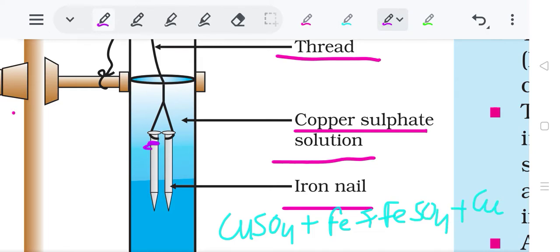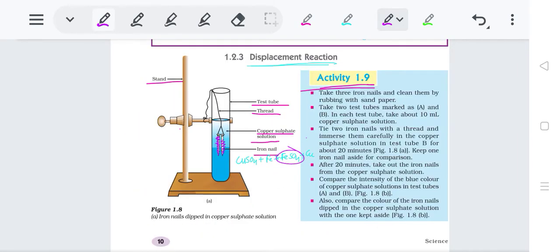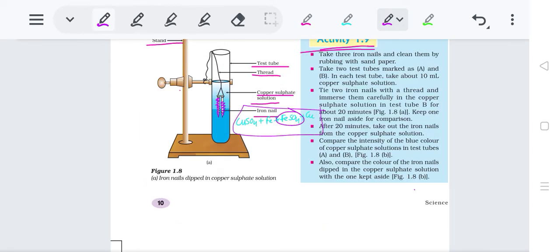So after some time you will see here something is deposited. There is some deposition of something. So it's nothing else but iron sulfate. So this was only the reaction explaining part.